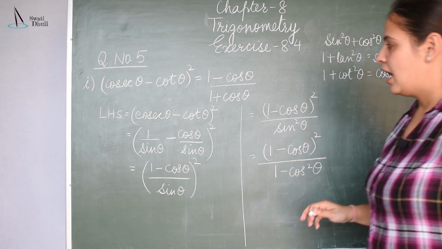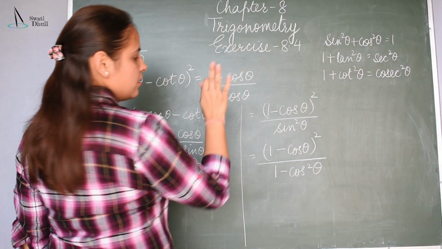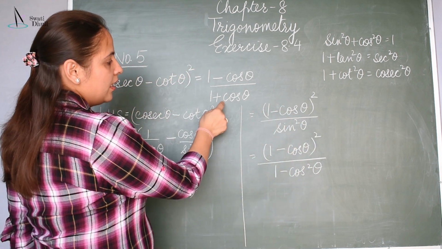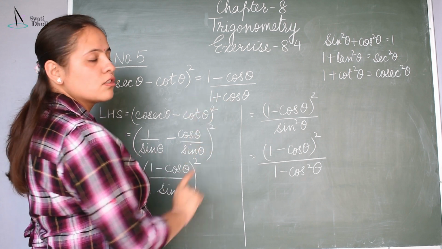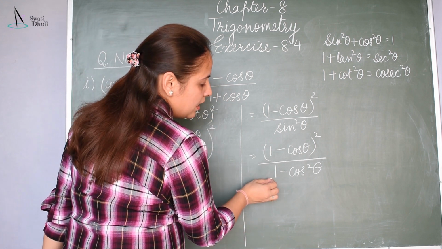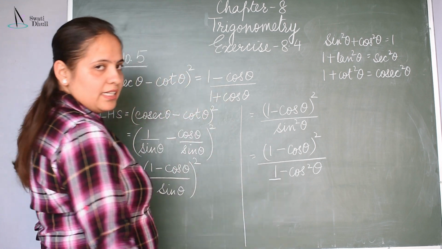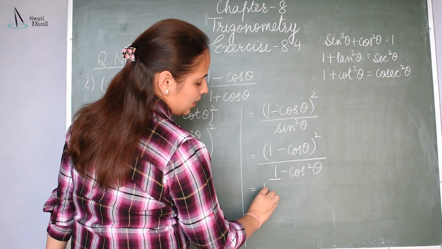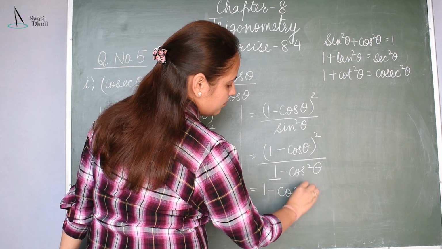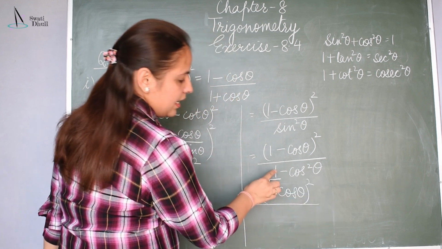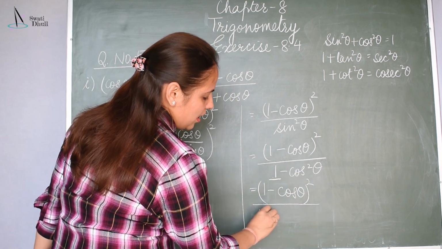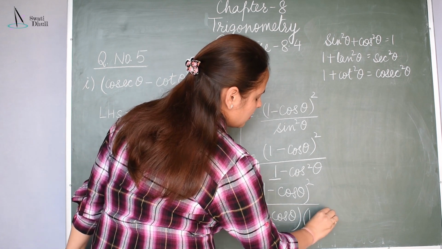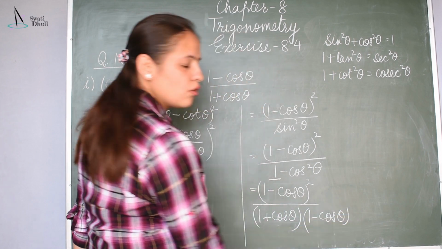Now see, in the numerator we have (1 minus cos theta) whole square, and in the denominator I want 1 plus cos theta. Here we have the algebraic identity a square minus b square, which can be written as (a plus b) into (a minus b), that is (1 plus cos theta) into (1 minus cos theta).